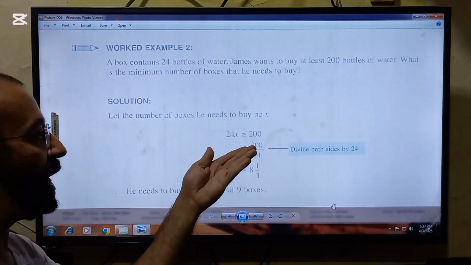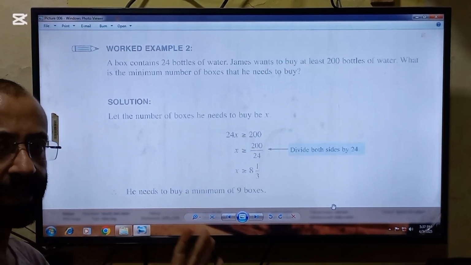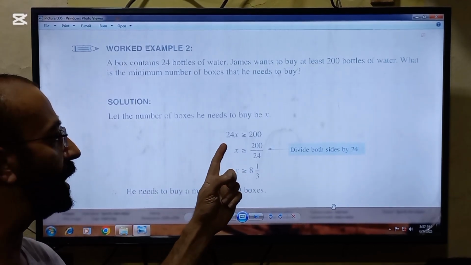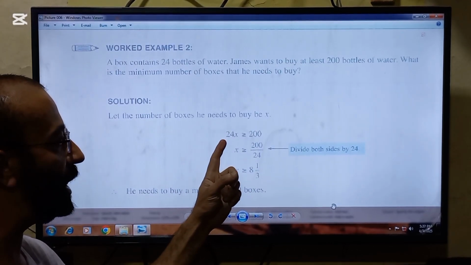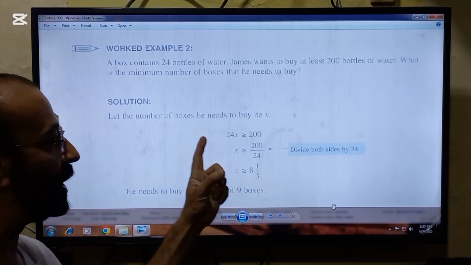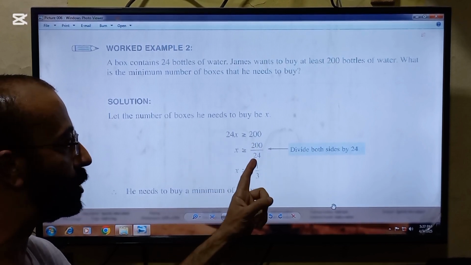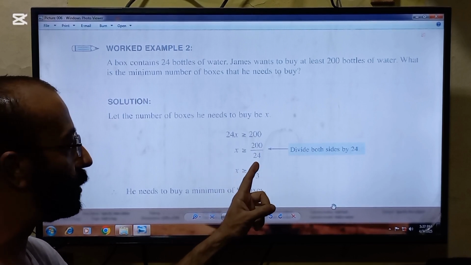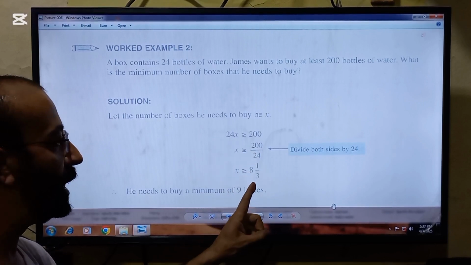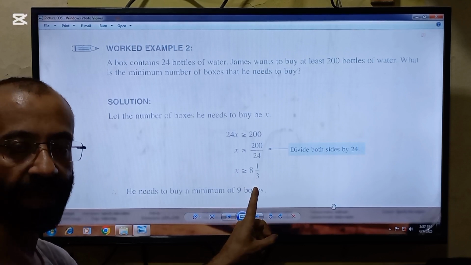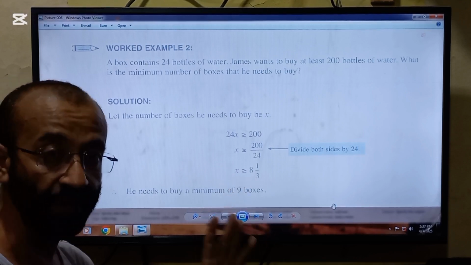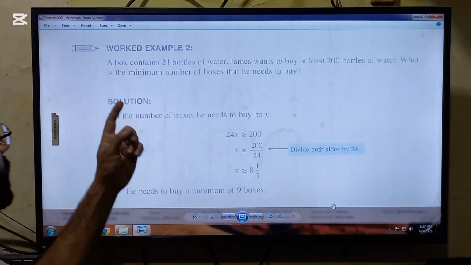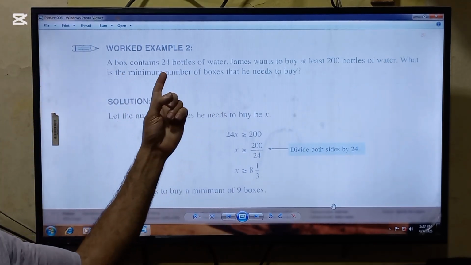So after making the inequality, the rest of the steps are the same. We do not want this 24 with the x. It is multiplying with the x on the left side. When it goes to the right side, it will go to the denominator, because it is multiplying over here. So right side will be 200 over 24. After solving this, 8 whole number 1 by 3, the answer will come. So be very careful now, because we are going to purchase boxes, because the requirement is the minimum number of boxes.